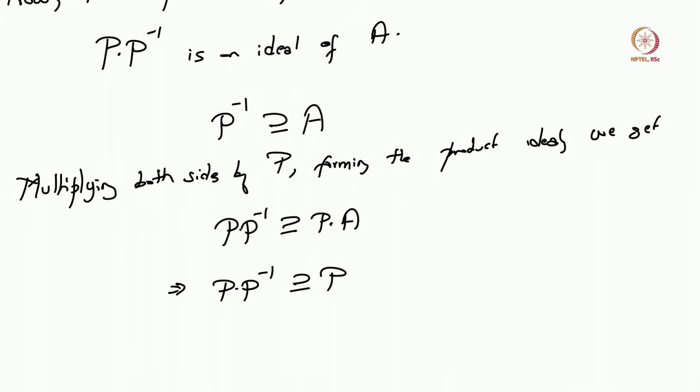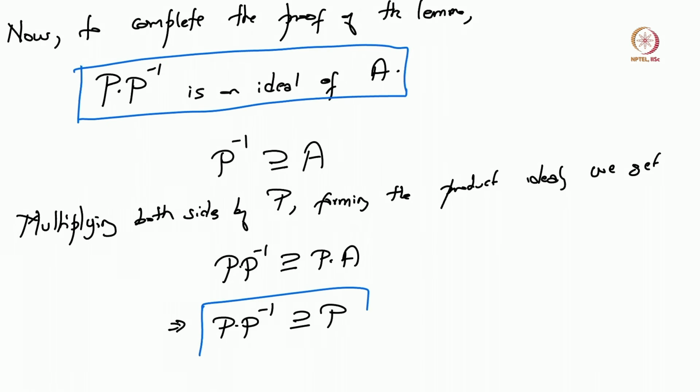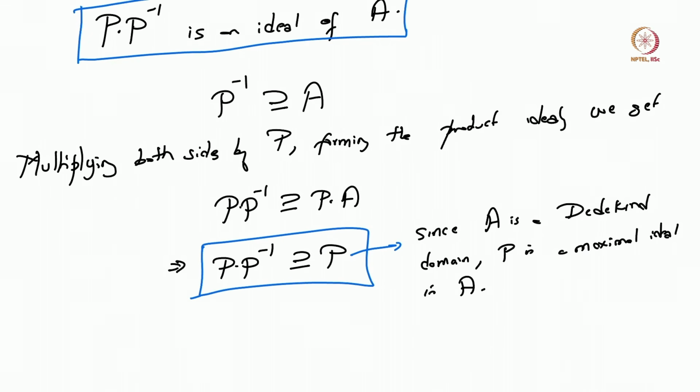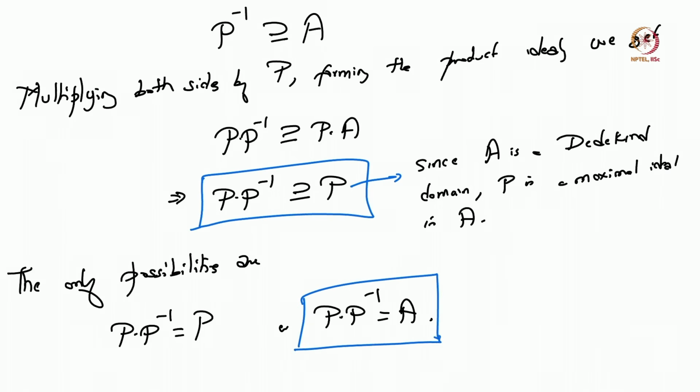Okay. So now what do we have? We have that P times P inverse is an ideal of A and it contains P, but since A is a Dedekind domain, P is a maximal ideal in A. So the only possibilities are that this product has to be P or this product has to be A. We want to show that P is invertible, so it's enough to show that the second possibility occurs.